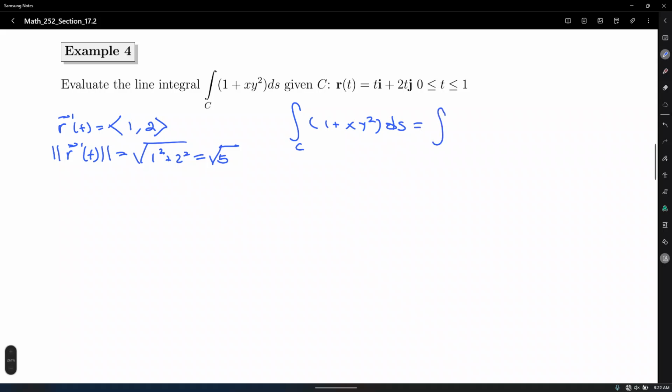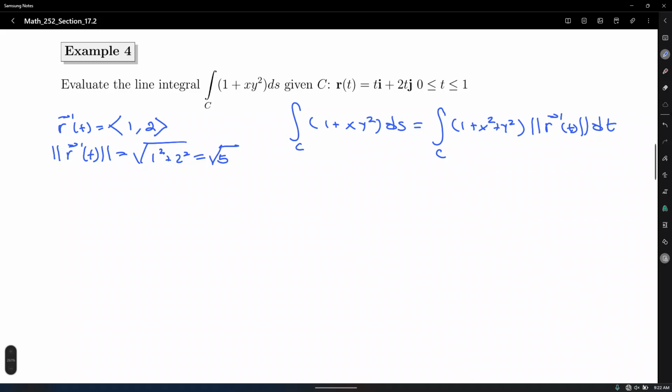That'll be the integral along the curve C of the same function, 1 plus x y squared. I'm going to replace ds with the magnitude of r prime of t dt.